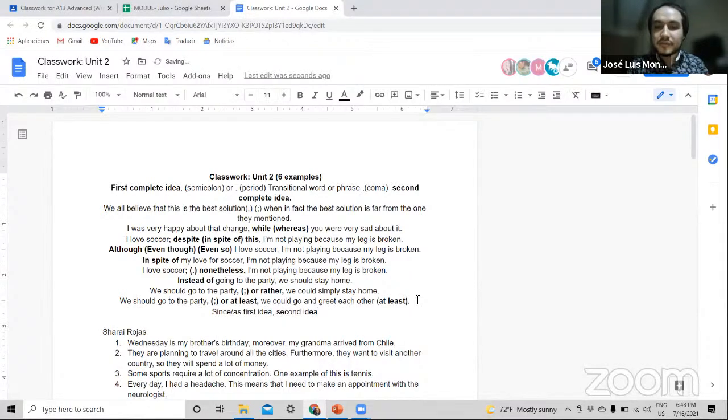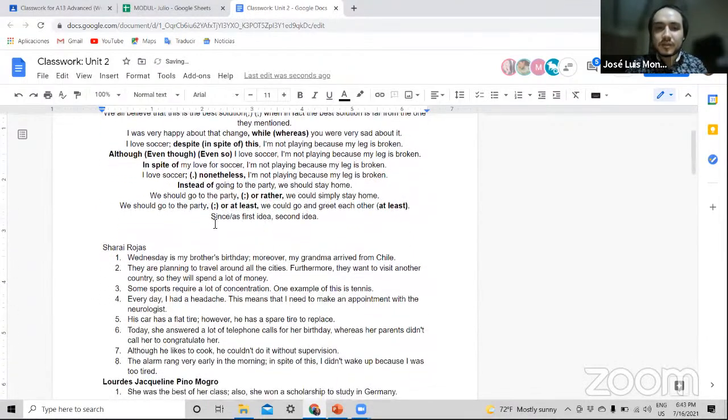And remember, they have to be complete ideas. That's going to be the punctuation for since and as. There you go, right? Since, first idea, comma, second idea. And again, you need two complete ideas. All right, that's very important.